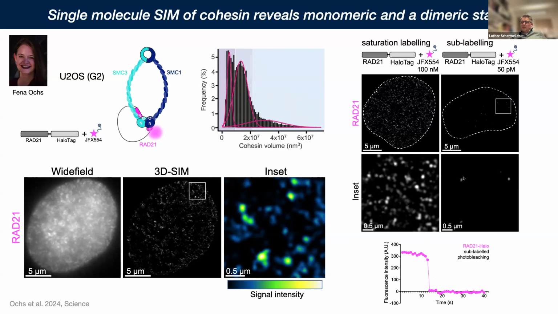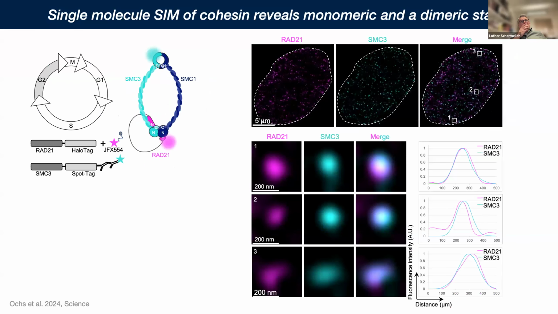So from these experiments, we could derive that the small spots are in fact monomers of cohesin, whereas the bigger ones are dimers.